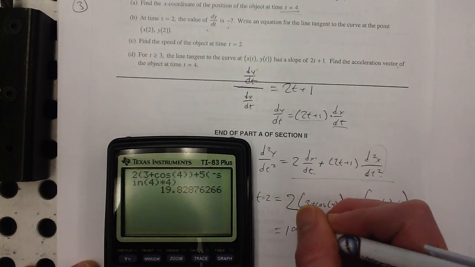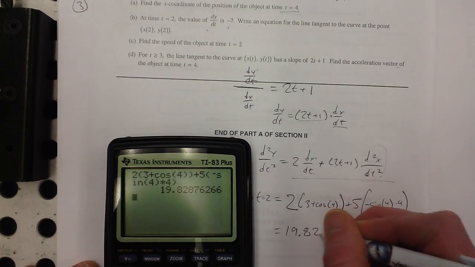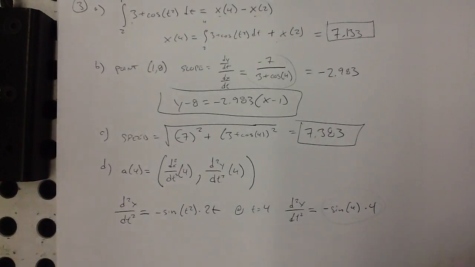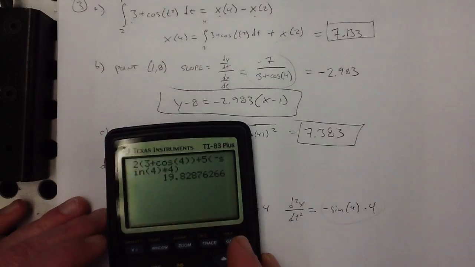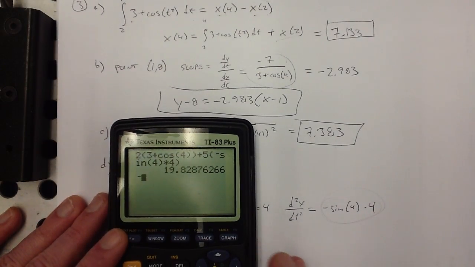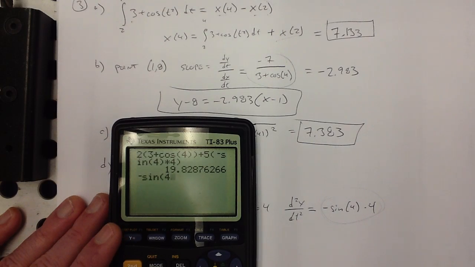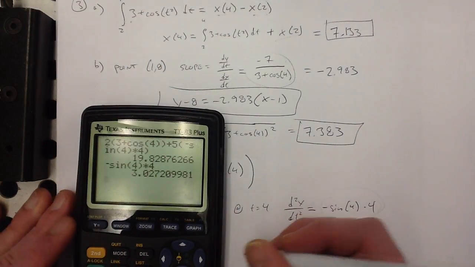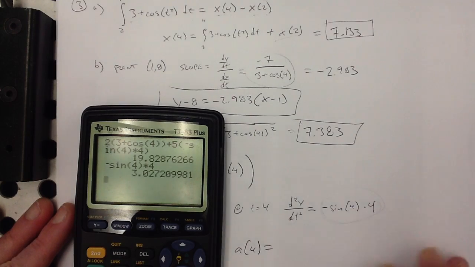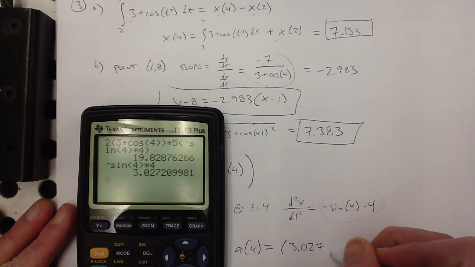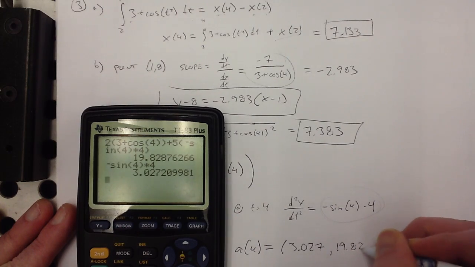So this is 19.829. And then the x, we found it's just that piece, right? It's just negative sine of 4 times 4, which is 3.027. So the acceleration vector at time 4 is equal to 3.027, comma, 19.829.